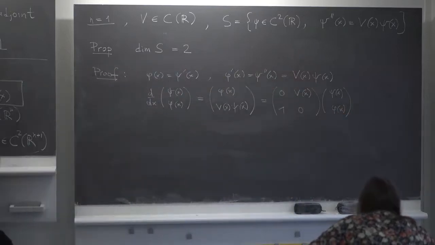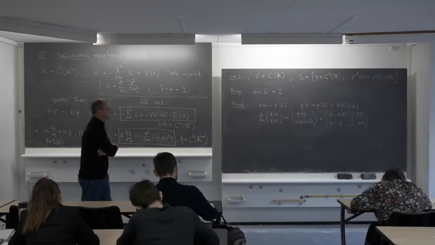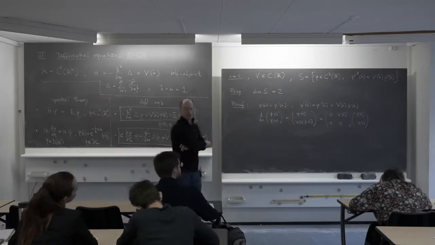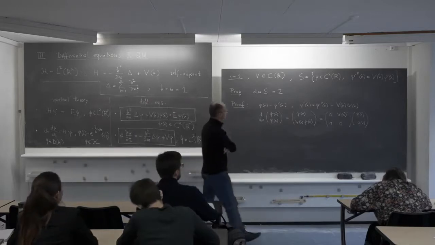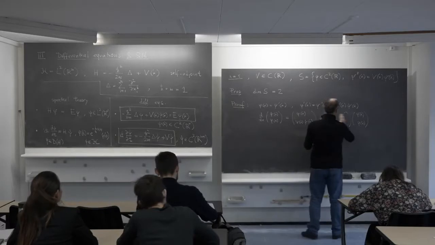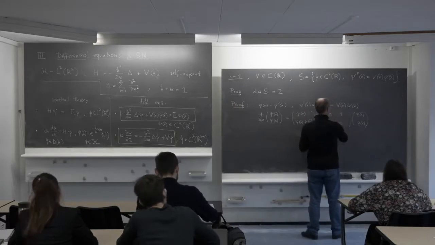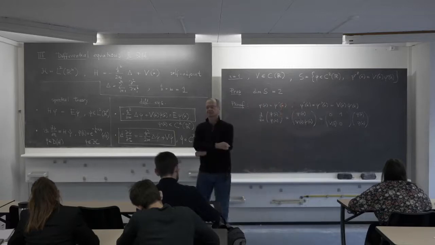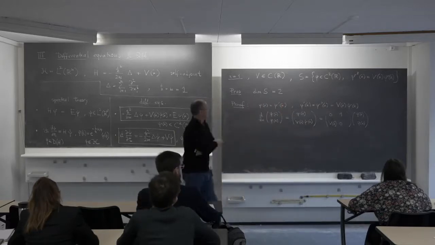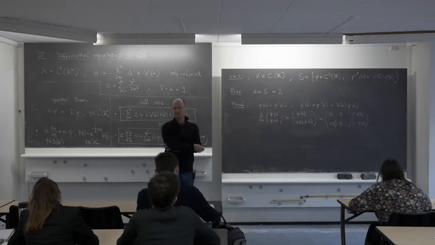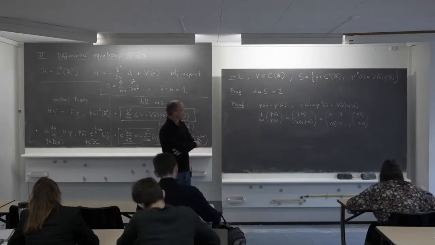Right, so I introduce a 2 by 2 matrix, 0, v of x. Is it the other way? Yeah. Sorry. Is it better? Okay. Oh, now it's correct. Before it was not correct.